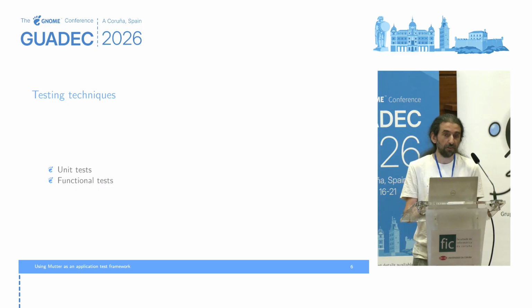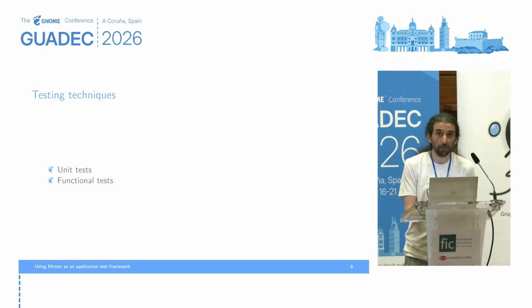And then there are functional tests, which are at a higher level. They basically take the application or the service or whatever you want to test as in a real-life situation, test it from the outside, and try to make it behave as if it were a real situation.